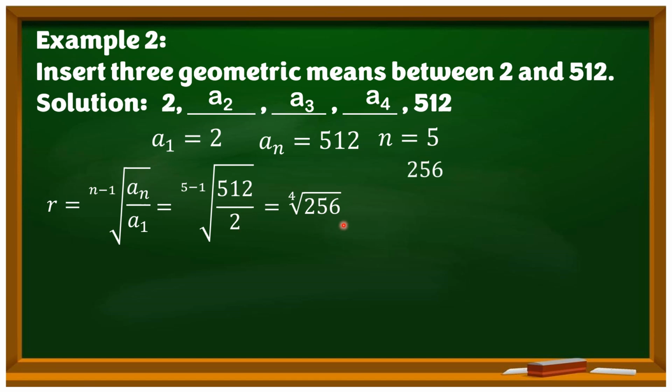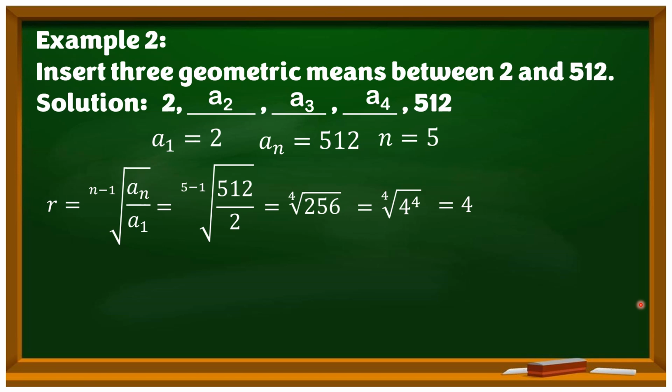The factors of 256: we have 4 times 4, that is 16, times 4 is 64, and 64 times 4 is equal to 256. So 256 is equal to 4 raised to 4. We have 1, 2, 3, 4. Now we simplify the fourth root of 4 raised to 4, and that is equal to 4. So the common ratio of the given geometric sequence is 4.